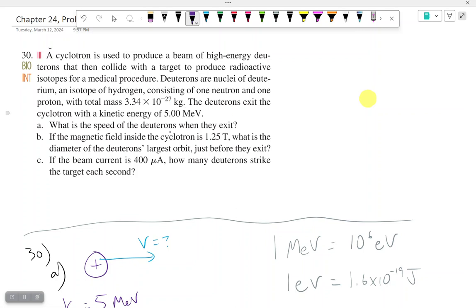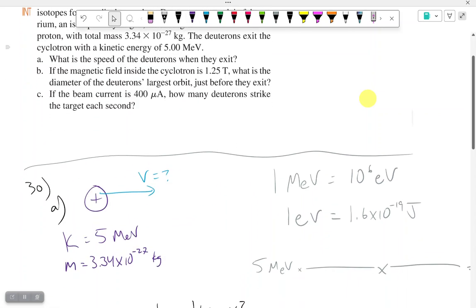Deuterons exit the cyclotron with a kinetic energy of 5 mega electron volts. They asked what's the speed of the deuterons when they exit.